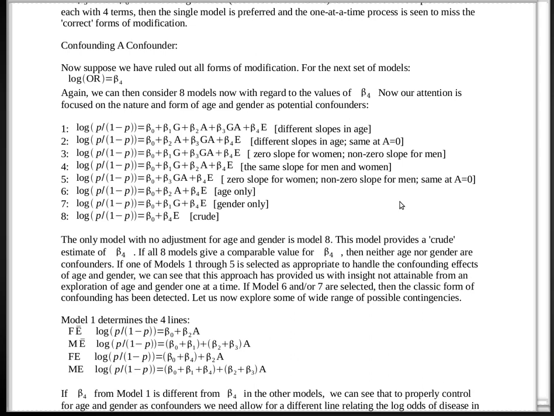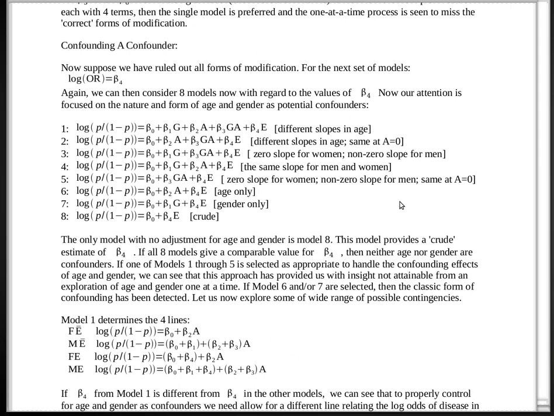In any case, if in fact we have ruled out all forms of modification, then for the next set of these 8 models, all of them have an odds ratio of beta 4. And our consideration is then, how do age and or gender adjust that value?